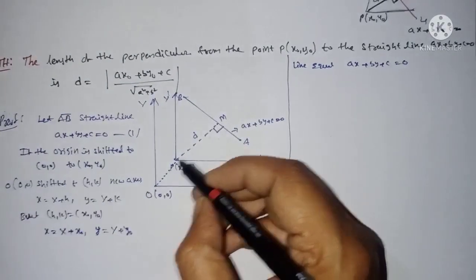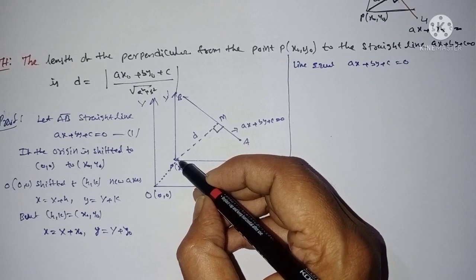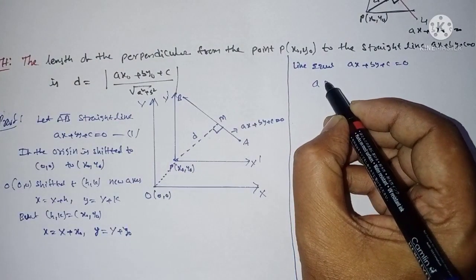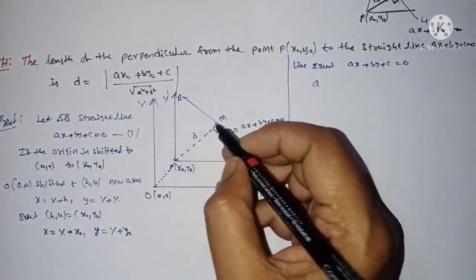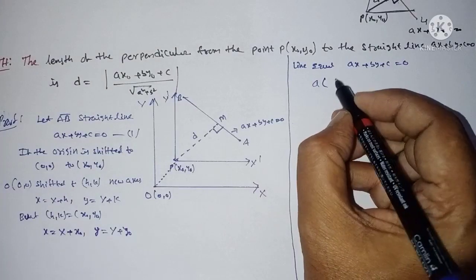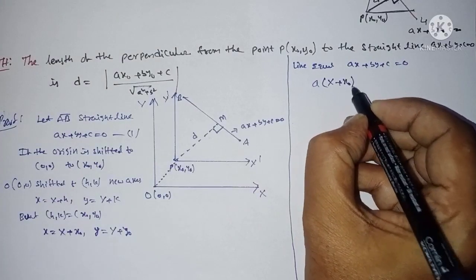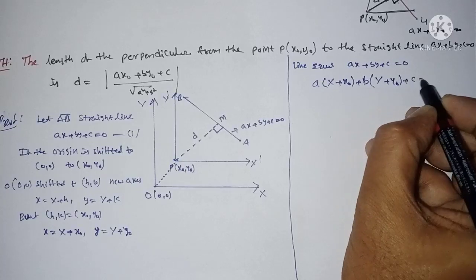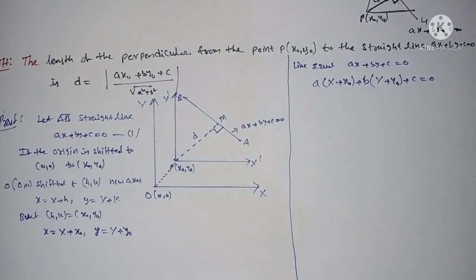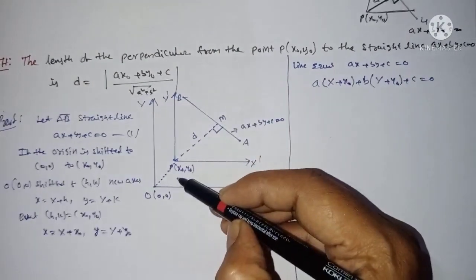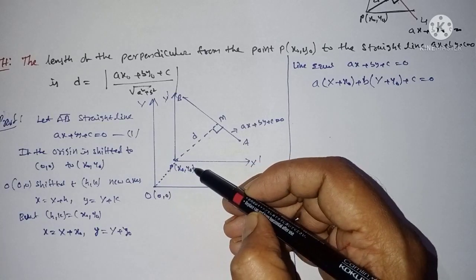Therefore, the axes are changing here. In this equation, x is replaced, so we transform the equation: a(X plus x naught) plus b(Y plus y naught) plus c is equal to 0. This line equation changes as the origin shifts from 0 0 to x naught comma y naught.